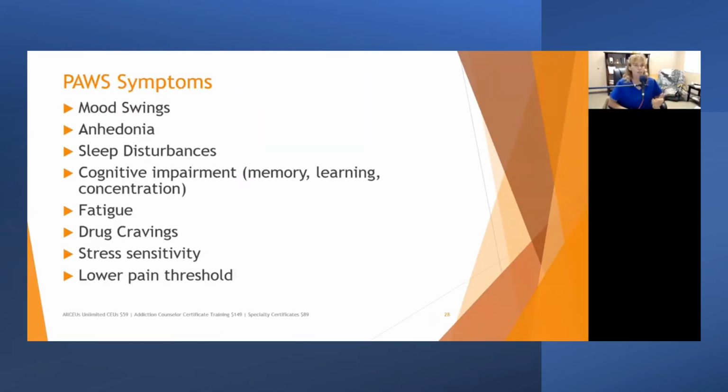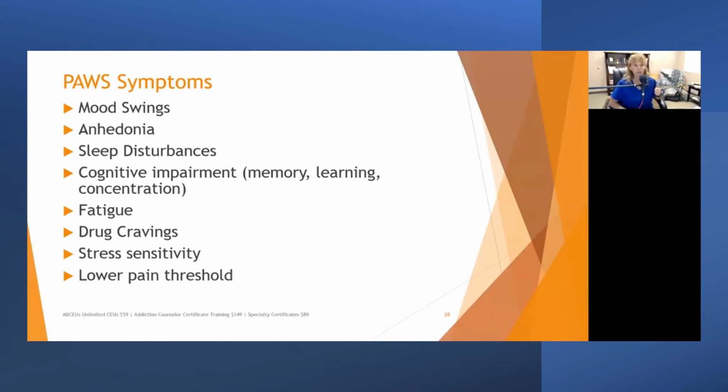Post-acute withdrawal symptoms: mood swings, anhedonia, remember that's that Eeyore-like state, sleep disturbances, cognitive impairment in memory, learning, and concentration. So if you've got a client who is in your program and they detoxed 3 months ago, but they suddenly start having issues with memory, learning, and concentration, they're not able to focus in groups, it doesn't necessarily mean they're being, quote, resistant.